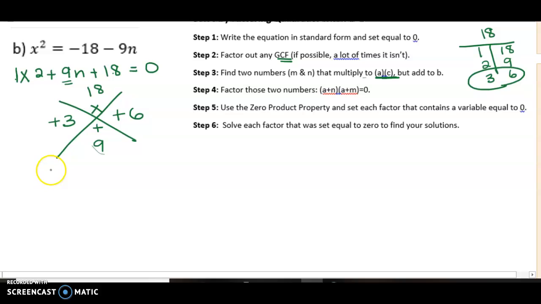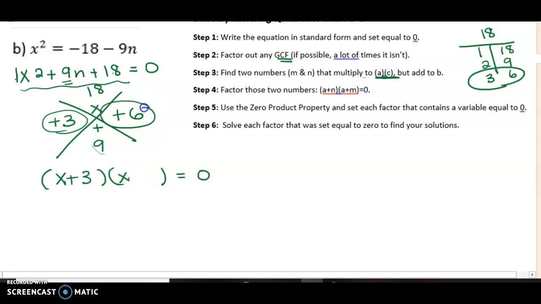Okay, so now I'm going to factor it. I'm factoring this long thing here into 2 parentheses, and it's going to be x plus 3 and x plus 6. Okay, now I'm going to ask myself, when will this parentheses be equal to 0?